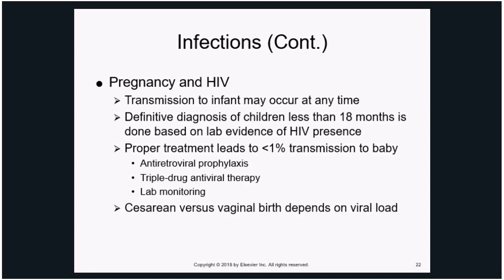A definitive diagnosis in children less than 18 months is based on lab evidence of HIV presence. Proper treatment leads to less than 1% transmission to the baby. Antiretroviral prophylaxis, triple drug antiviral therapy, and lab monitoring are conducted. Cesarean versus vaginal birth depends on the mother's viral load at the time of giving birth.